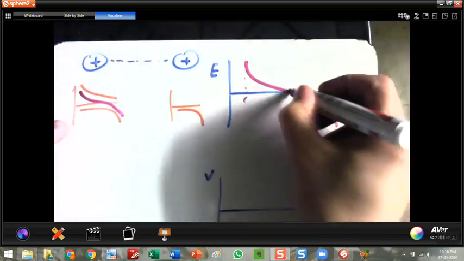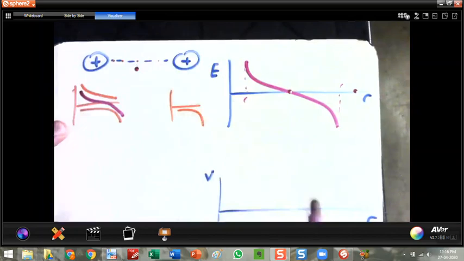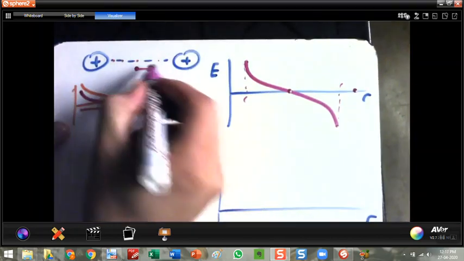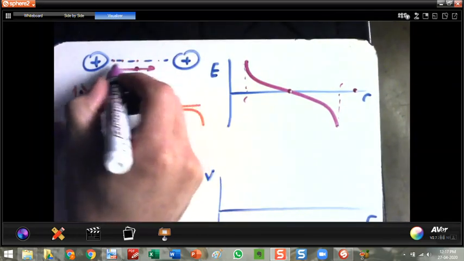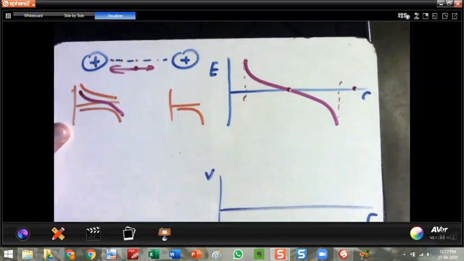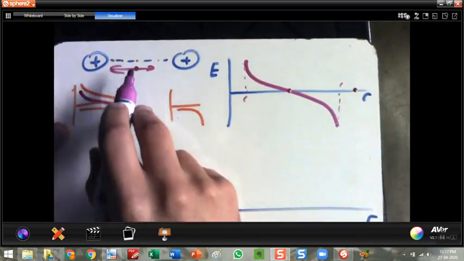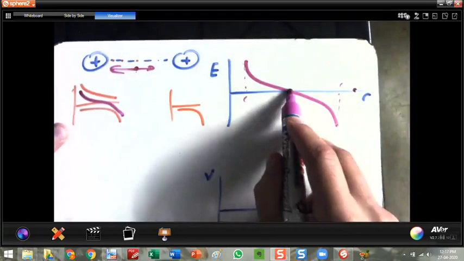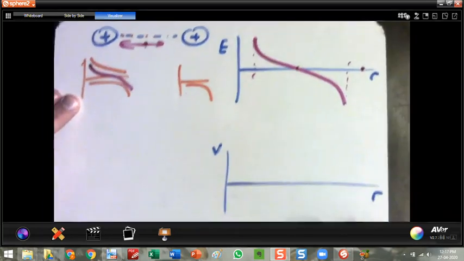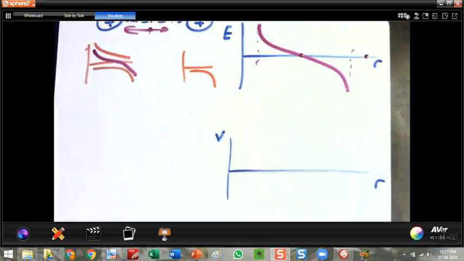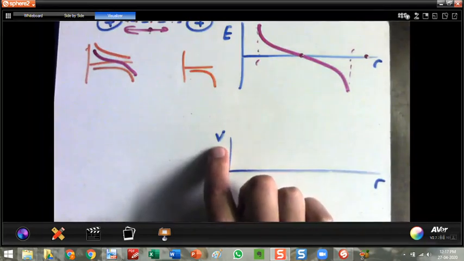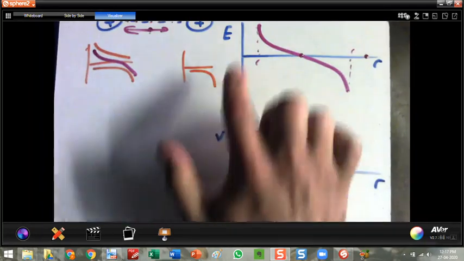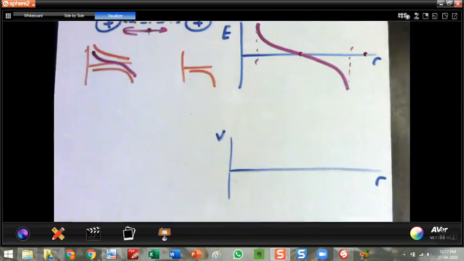So why does this happen? If, let's say, they're equal in size, this one is repulsive and that one is repulsive if I've got a positive test charge in the middle. So at a certain point, the two repulsive forces will cancel each other out, and hence there would be 0 field.